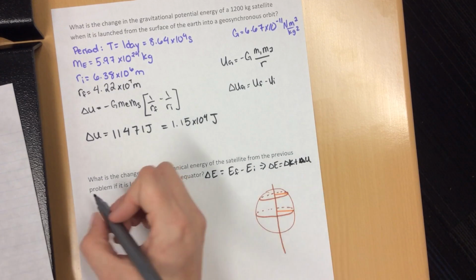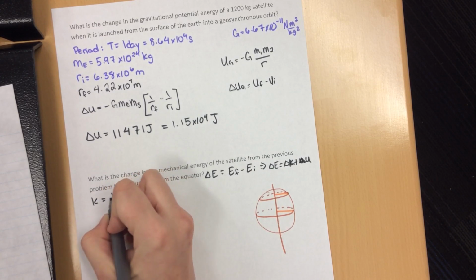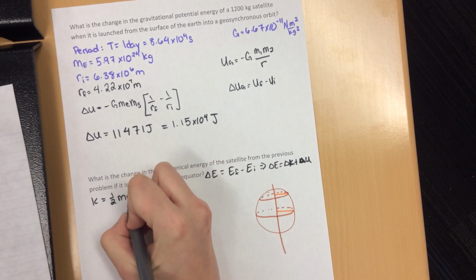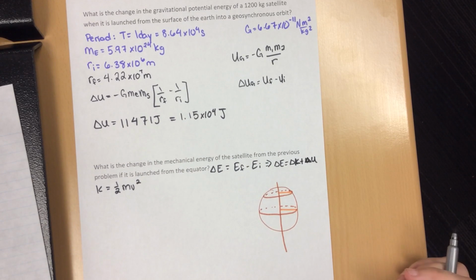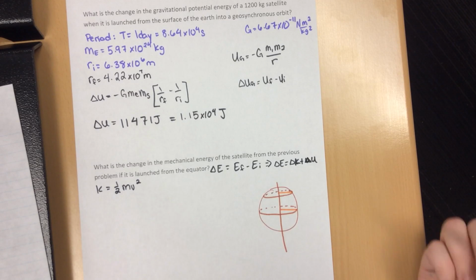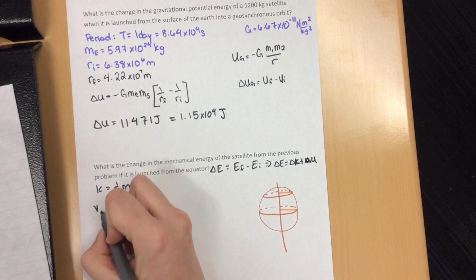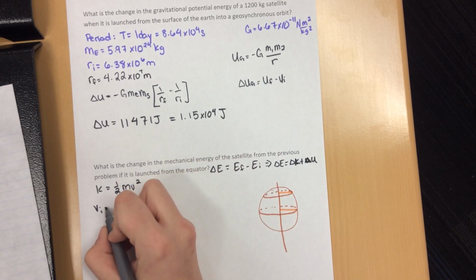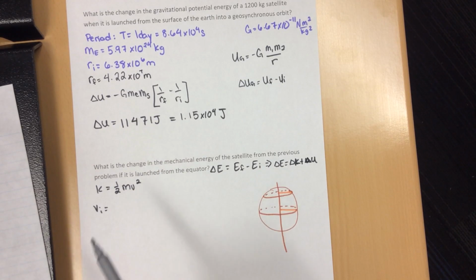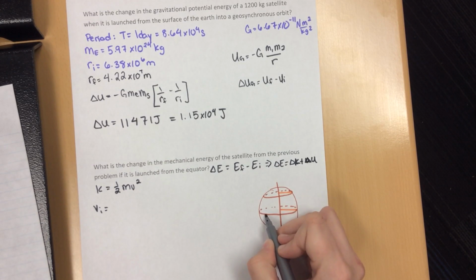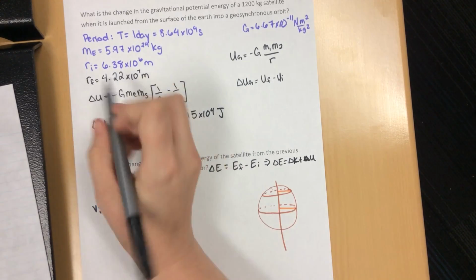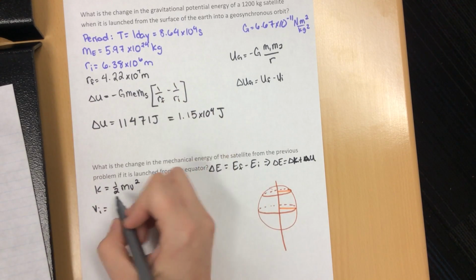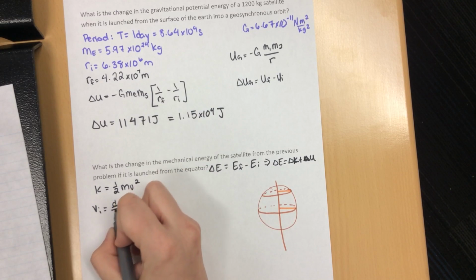Kinetic energy, as you recall, is equal to 1/2 mv squared. So we need to know the speed of our satellite as it is moving in different parts of the Earth. Our initial velocity is the speed of that satellite as it sits on the surface at the equator. Velocity is equal to distance divided by time.